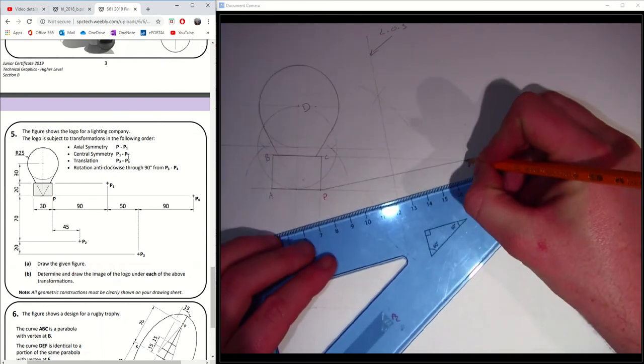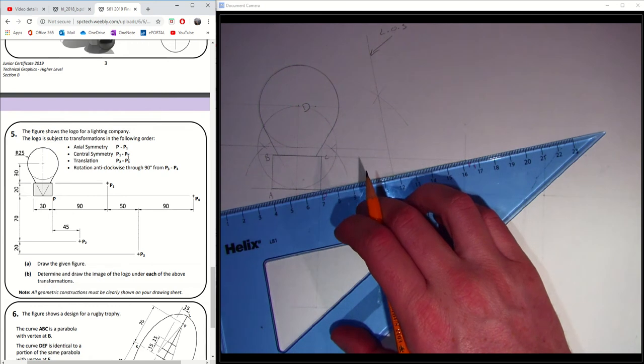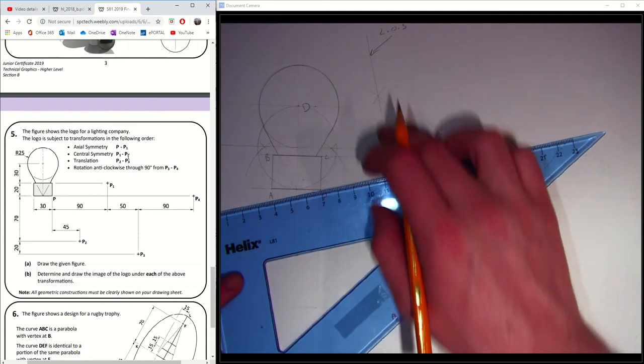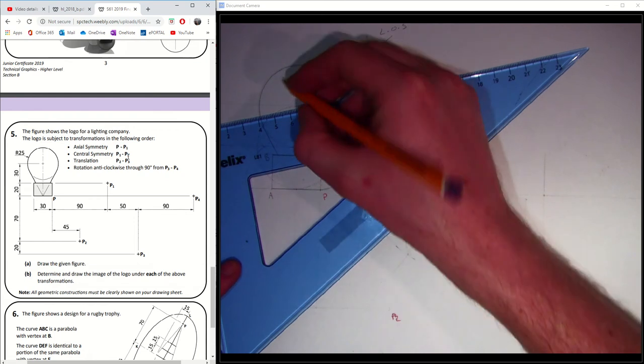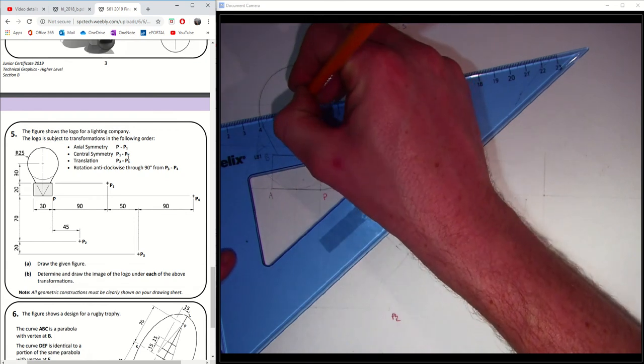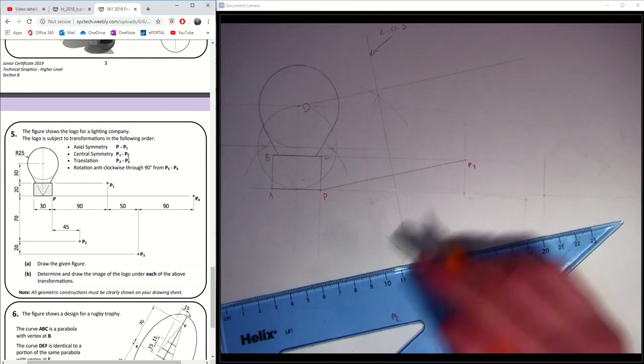In axial symmetry, I want to create a series of lines parallel to PP1, and they're also going to be perpendicular to my line of symmetry. The first one I'm going to look at is my point D, which is the center point of the circle. From that, I'm drawing a parallel line.